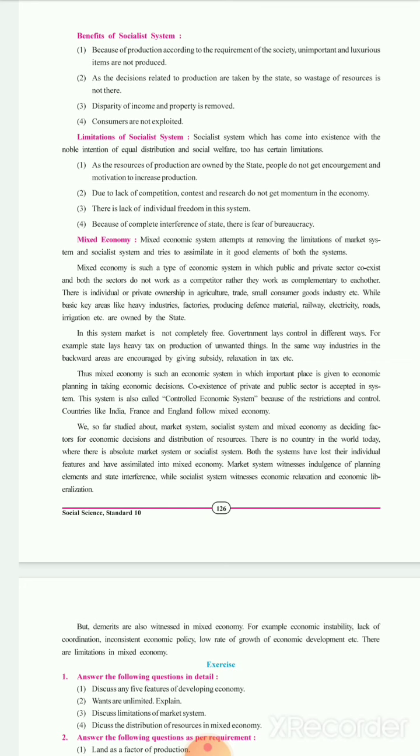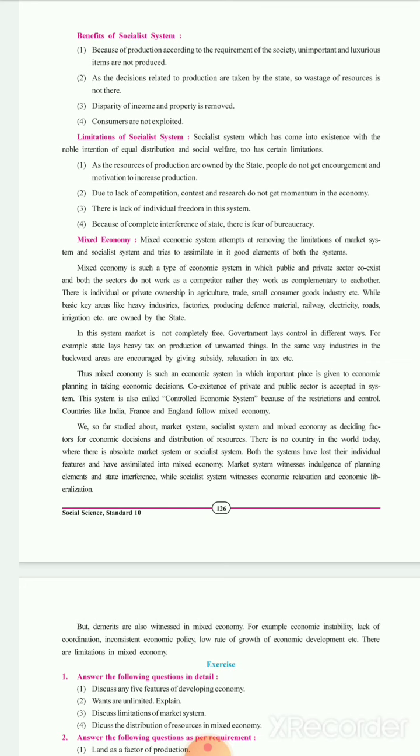But still, there are some demerits or limitations in the mixed economy, like economic instability, lack of coordination, inconsistent economic policy, low rate of growth of economic development, etc. These are the limitations in the mixed economy.